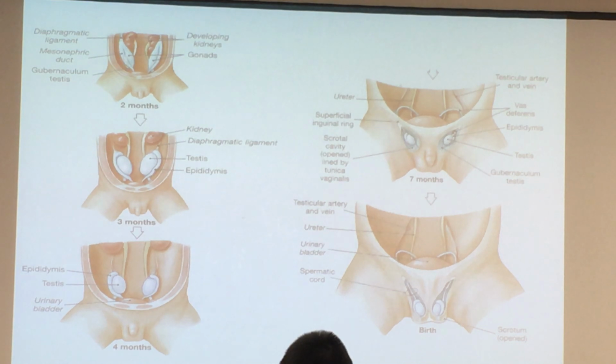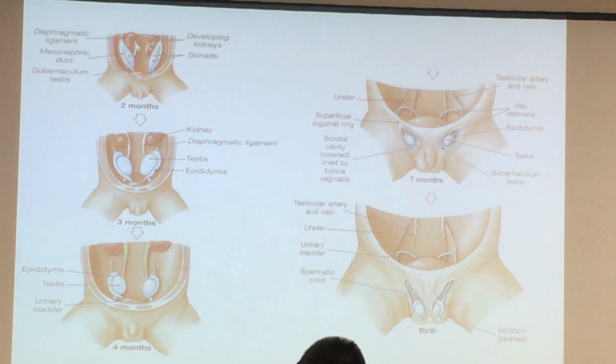In the beginning, it's just a little lower than the kidney, and then it slowly drops down to the abdominal cavity, and then through a weak point we call the inguinal canal, and at 7 months it drops down to the scrotum.